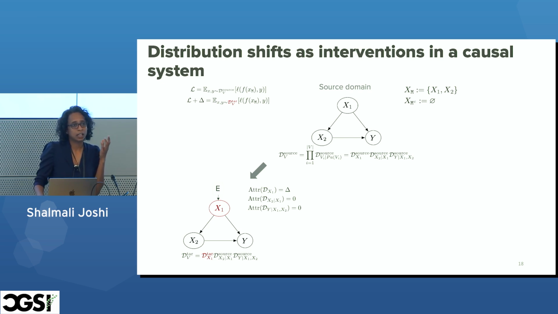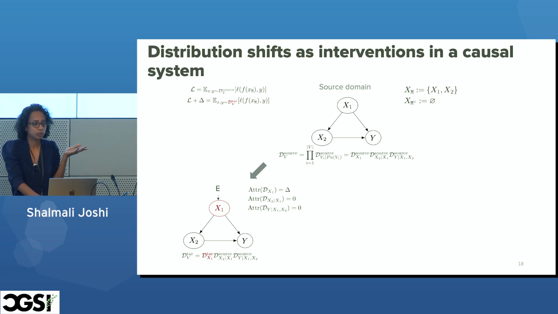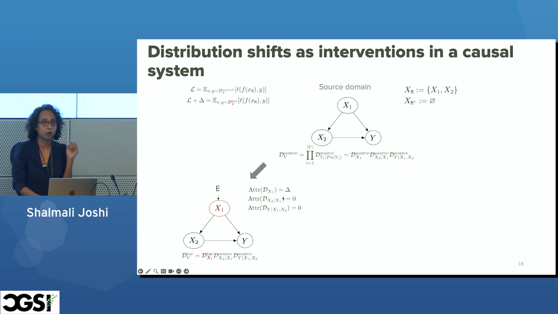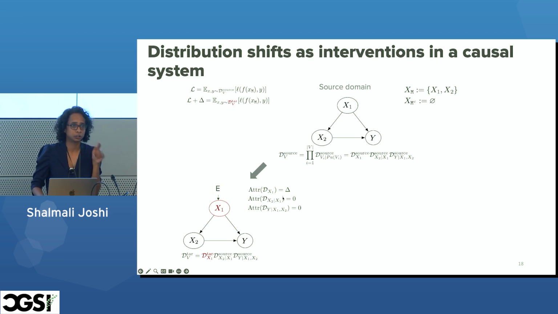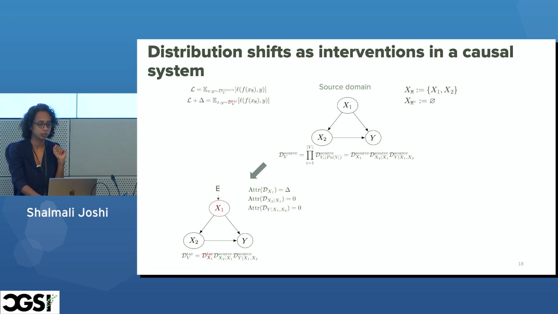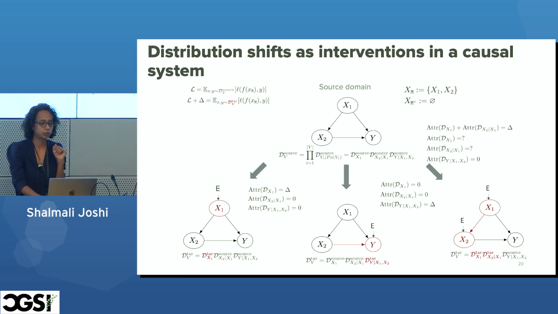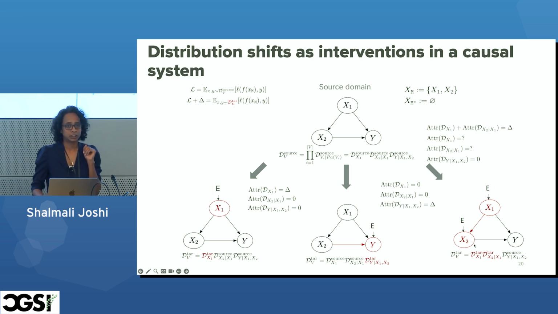And so it could happen that going from hospital 1 to 2, only the marginal distribution of age is changing, in which case we would want a system to tell us that only the marginal distribution of age is changing, nothing else is changing, and so all of the performance deterioration needs to be blamed on the age distribution shift. But the reality is more complex, and it could happen that multiple things are changing.